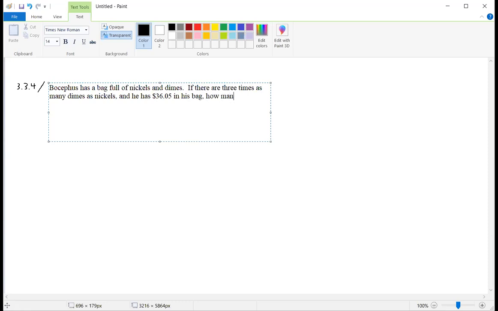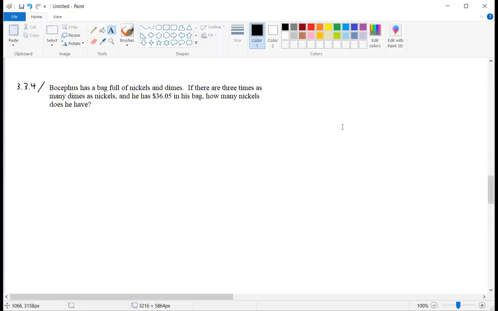How many nickels does he have? Okay, so here we just want nickels, but maybe you can tell, just write the dimes also. So first, let n be the number of nickels. As when we set up equations, it is more convenient to use two variables. Okay, so one piece of information is a total of 36.05.